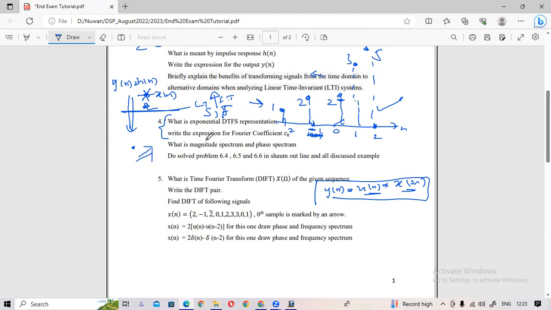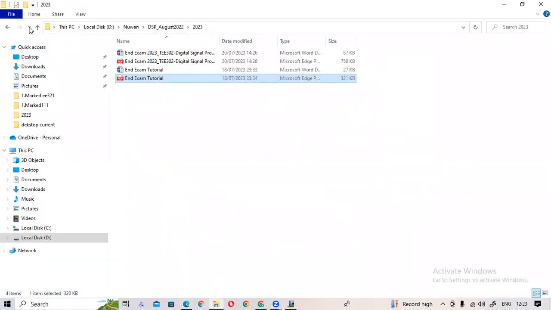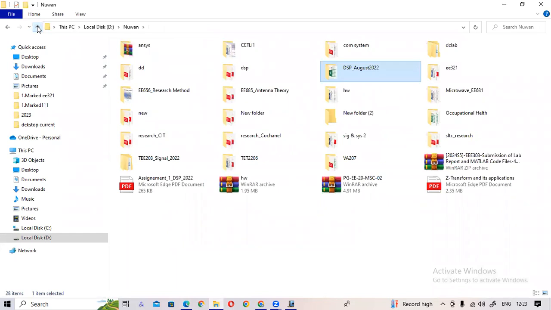So this is DTFS, discrete time Fourier series representation. So we use the exponential form for that one, okay? And in your reference book, these are given actually, okay?